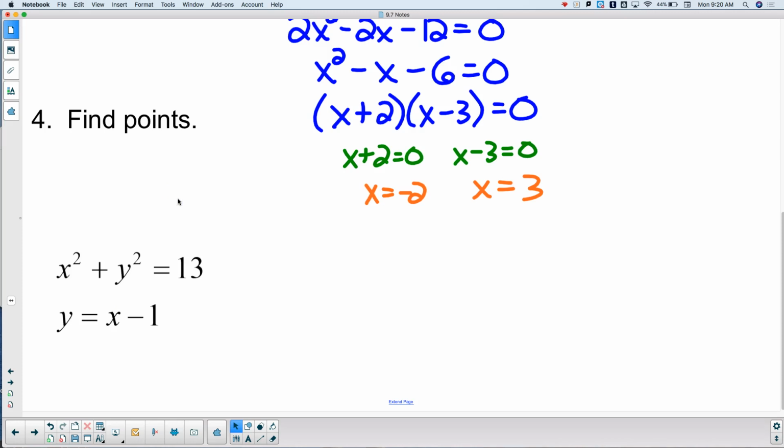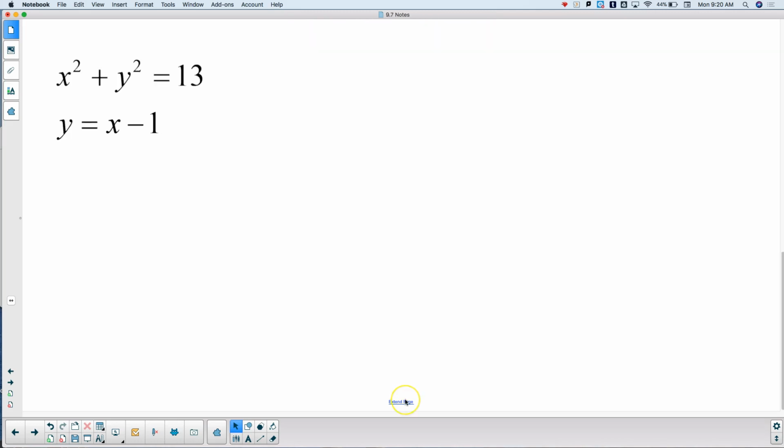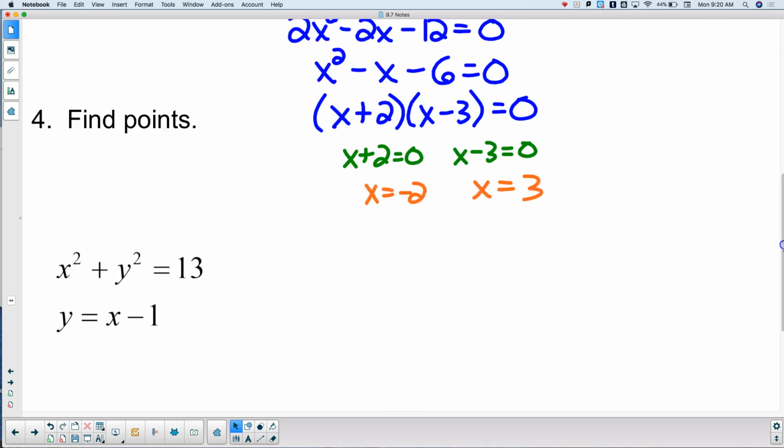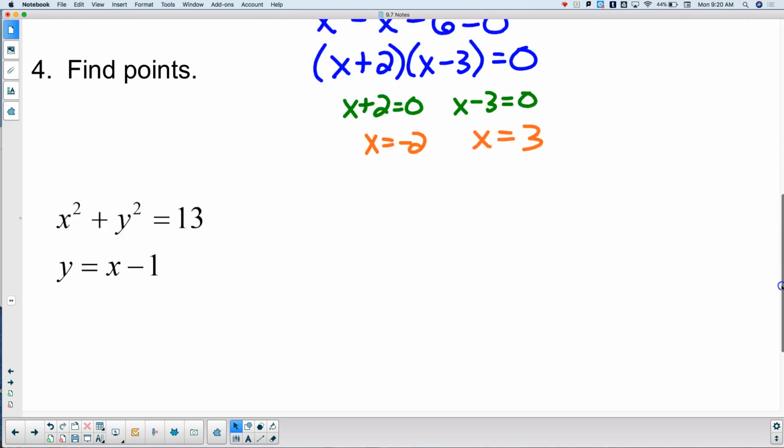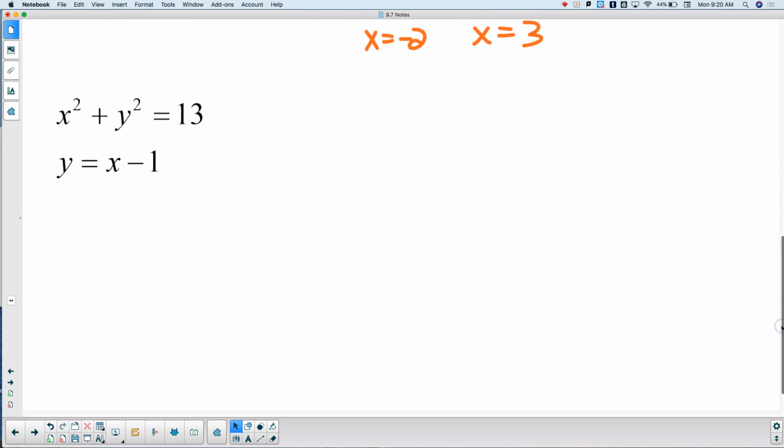I know that x is equal to negative 2, and I know that x is equal to positive 3.